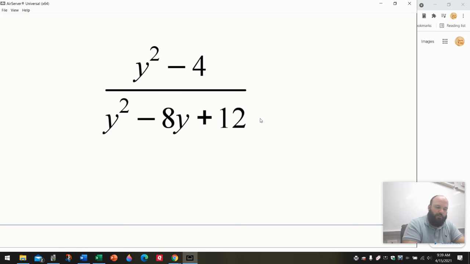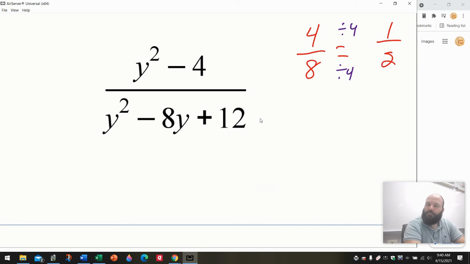Now, as we do with rational numbers, for instance, 4/8, sometimes those rational numbers need to be simplified or reduced. In this case, both the 4 and the 8 would be divisible by 4. And when we divide both of those by 4, we end up with a new fraction, 1/2.